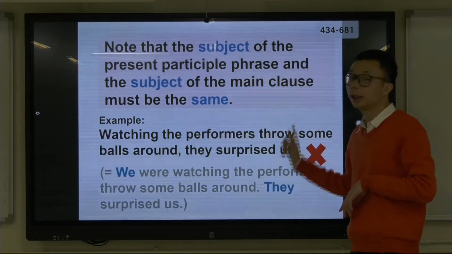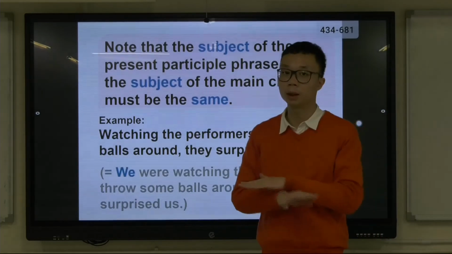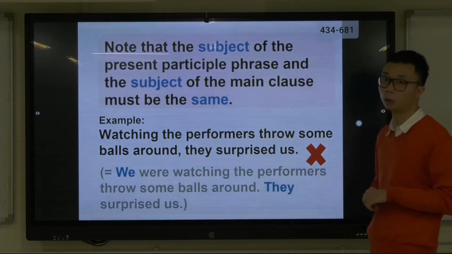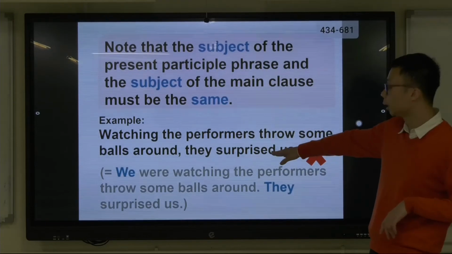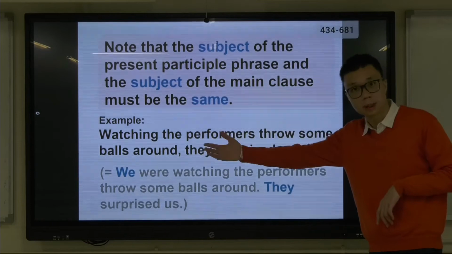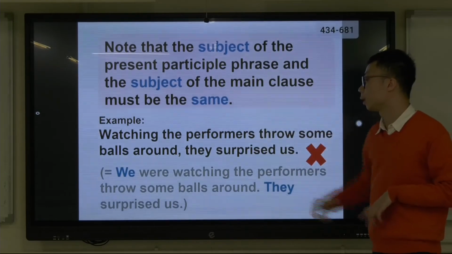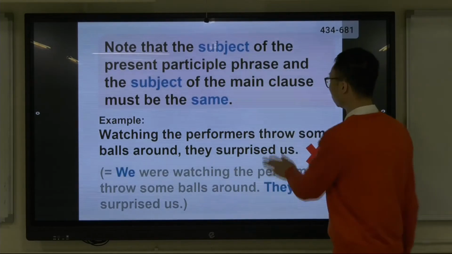That means they are not the same. And when the subjects are not the same, there is no present participle phrase. They can't form a present participle phrase together. Watching the performers throw some balls around looks correct, just like the first one. But 'they surprised us' is incorrect because the subjects are not identical.